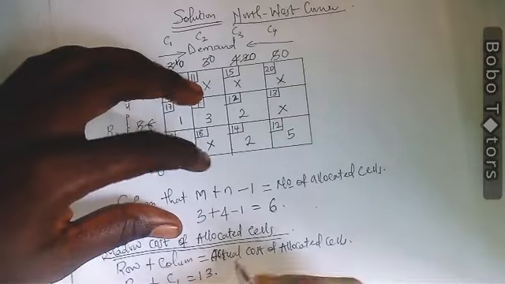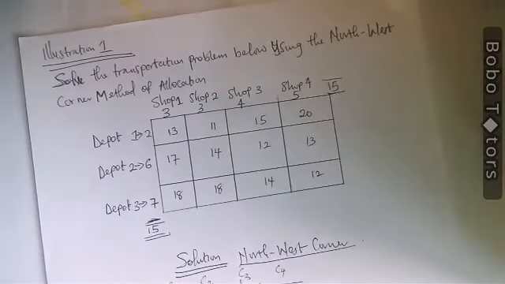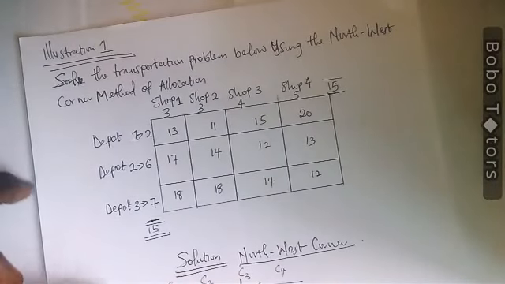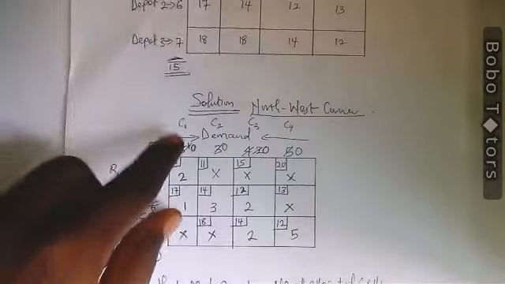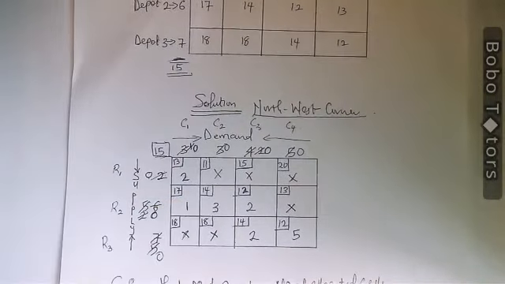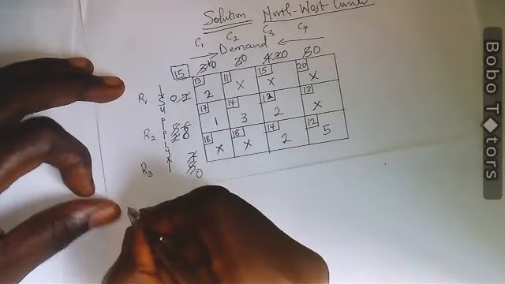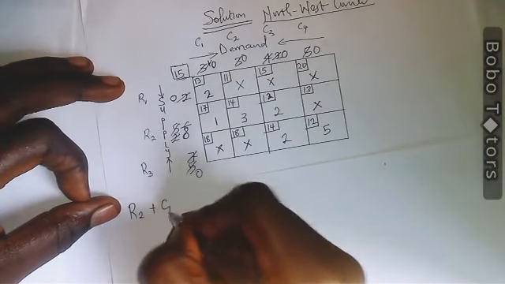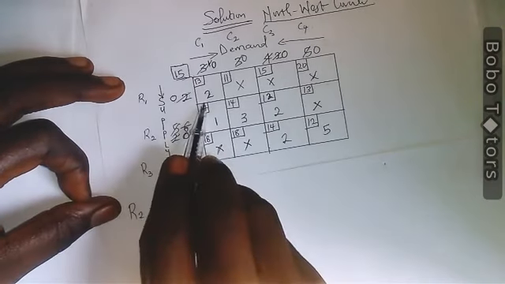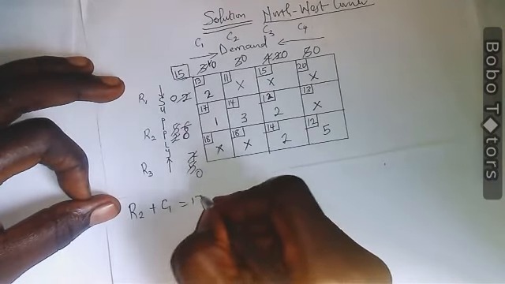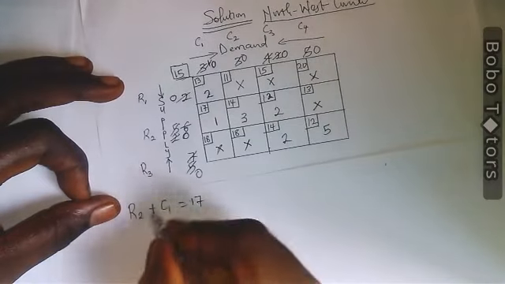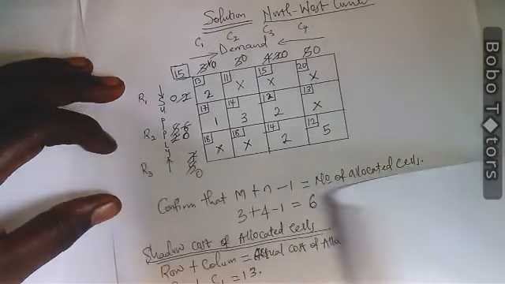The next is row 2 column 1. Row 2 plus column 1 is equal to 17.